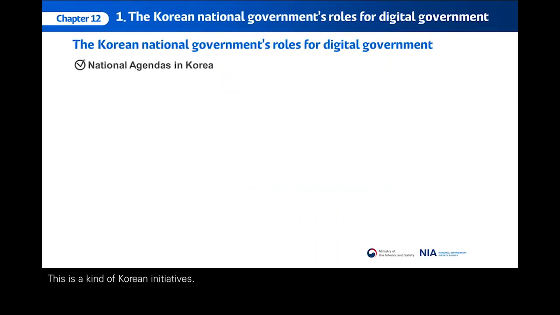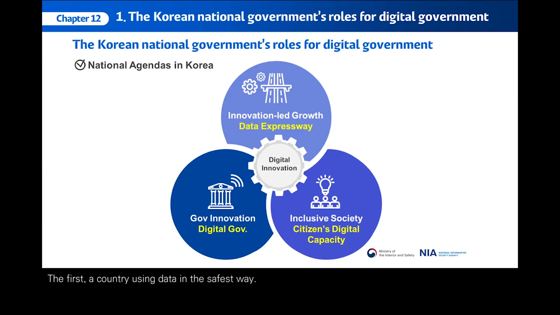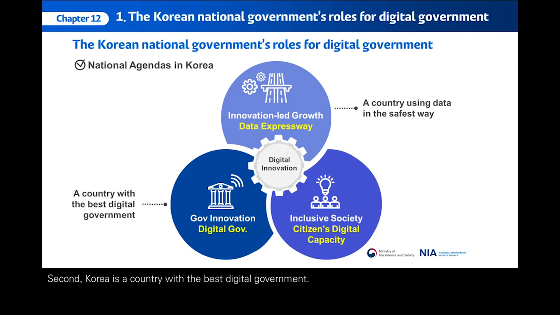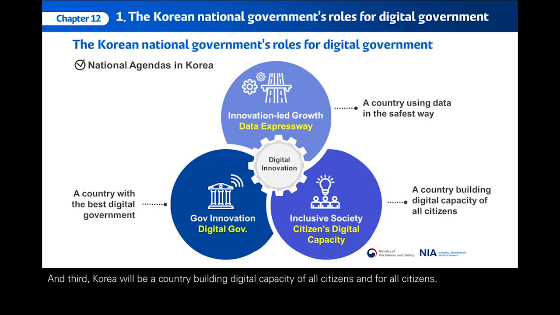These are the Korean initiatives. The first, a country using data in the safest way. And second, Korea is a country with the best digital government. And third, Korea will be a country building digital capacity of all citizens and for all citizens.